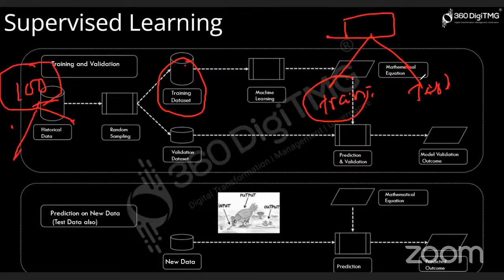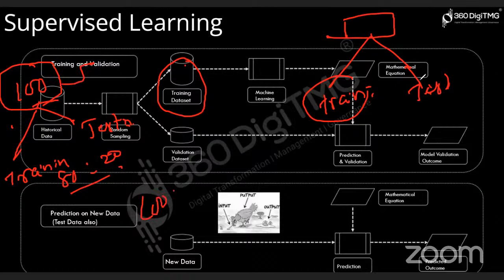In that, I'm splitting into training and testing. It completely depends on the data frame size you will be having. Most of the time we'll be doing an 80-20 ratio. But it completely depends on your data frame.